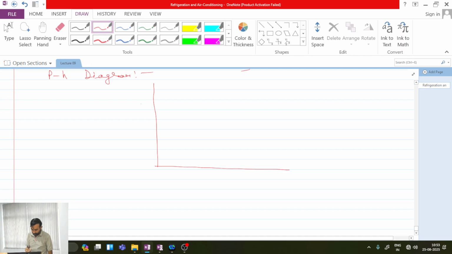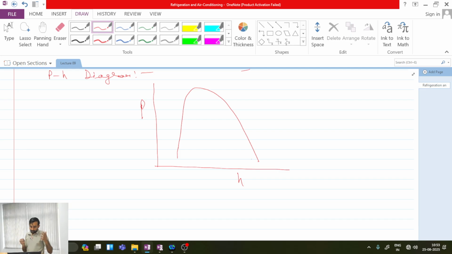So on a pressure enthalpy diagram, the typical liquid vapor dome appears something like this, maybe not very correct. So this is how the liquid vapor dome appears on a pressure enthalpy diagram.